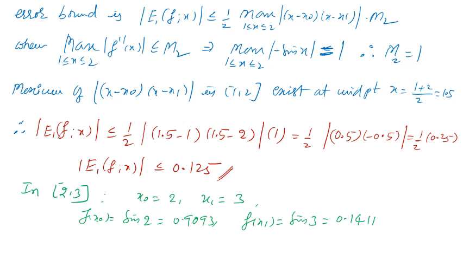Now the data is x versus f: x is 2 and 3, and f is 0.9093 and 0.1411. Now we have to calculate Lagrange's polynomial.